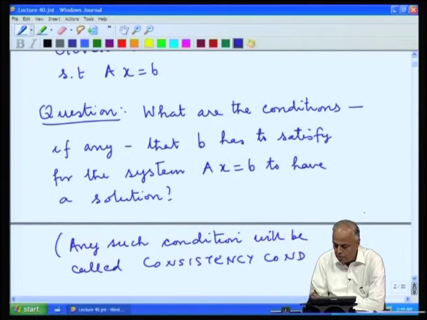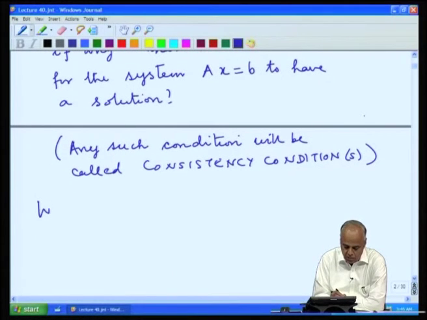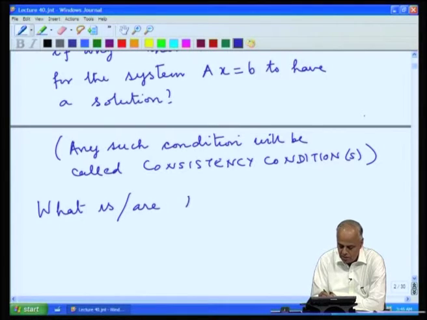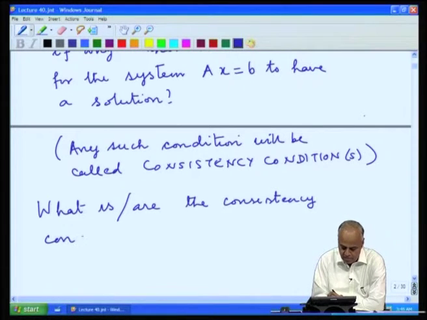So, what we are asking is what is or are the consistency conditions, condition or conditions, depending on how many conditions we have to satisfy.